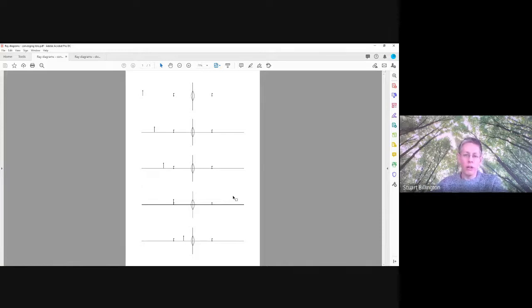These diagrams are known as lens diagrams, and they are what we are going to use to interpret the data that we took last lesson when we have got a lens that maybe we are unfamiliar with and we haven't used before.